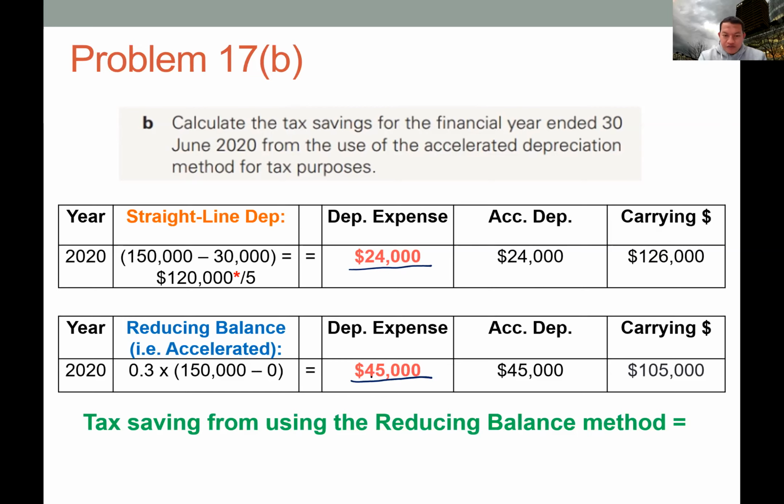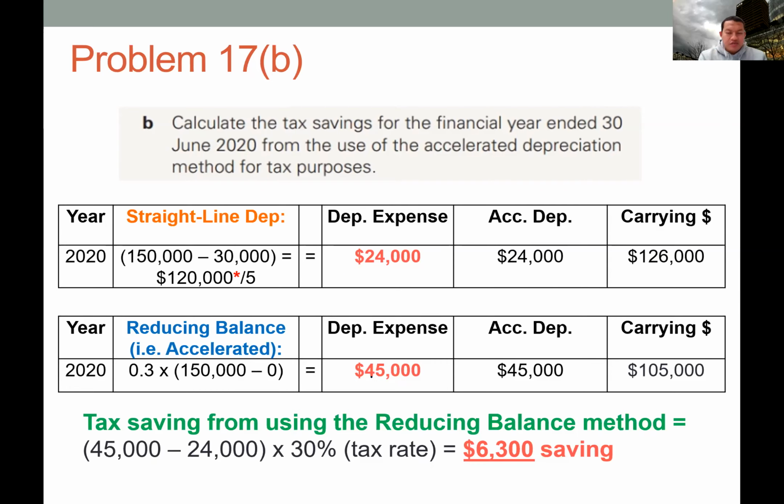Because of that, the company is paying less income tax. So we calculate the saving by simply taking the difference between these two methods: 45,000 using the reducing balance method minus 24,000 using the straight line method, multiplied by the tax rate. The tax rate is 30%, so the tax saving is 6,300.